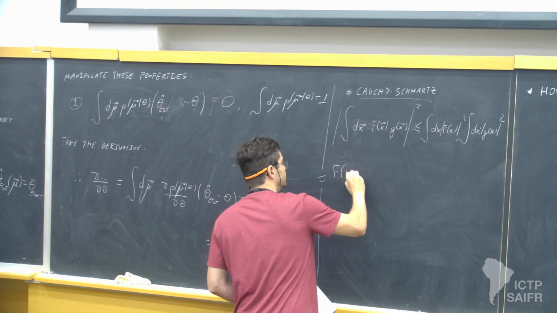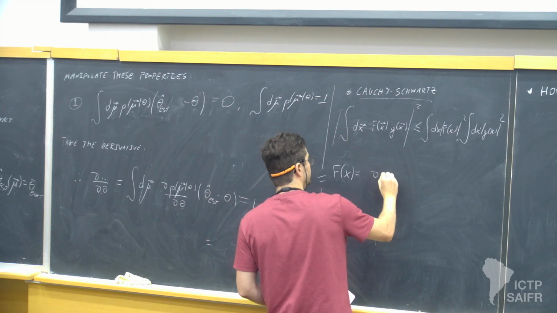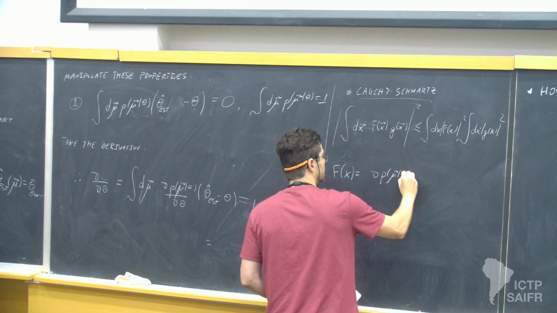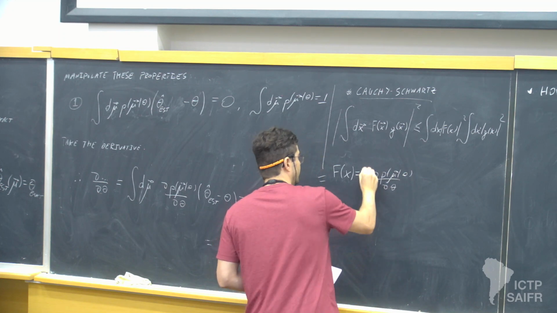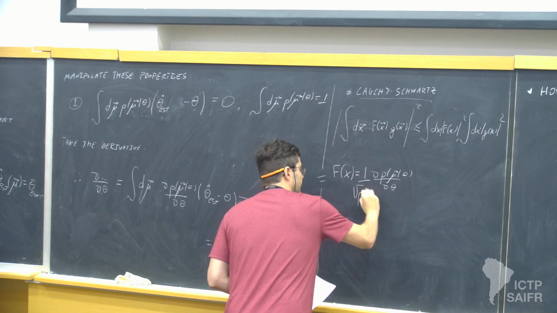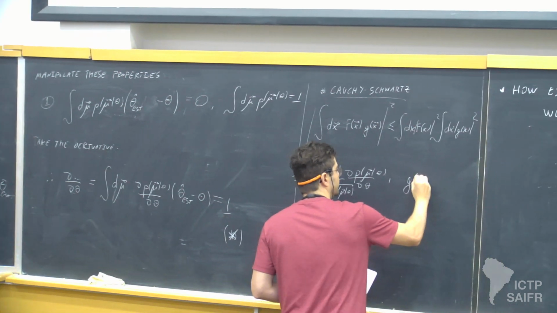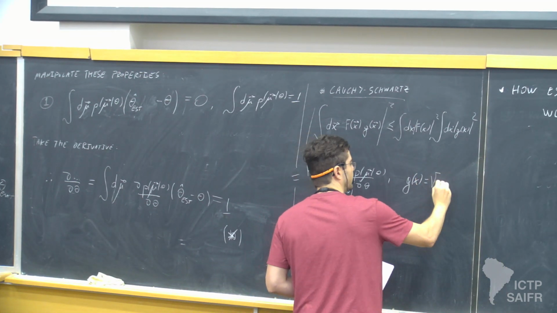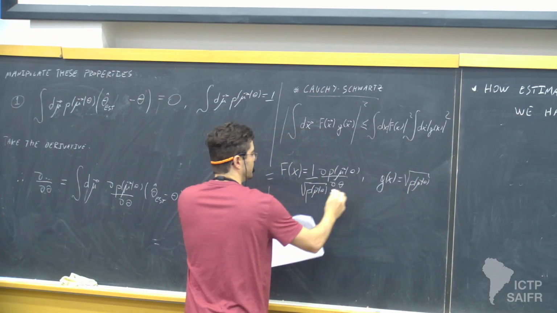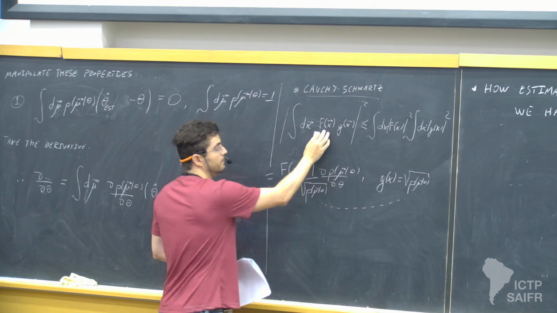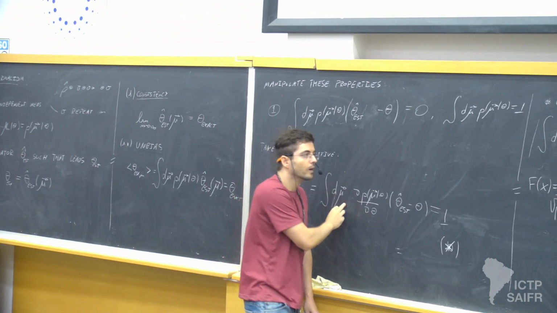A good form to do this is to call f(x) just the left term in here, so it's the derivative of my probability distribution with respect to the theta parameter. And then I put here 1 over the square root of p, such that when I define the g function, I multiply also by the square root of p, such that they are going to cancel each other when I multiply in my main function, and then this is not going to appear here in the equality that we want.